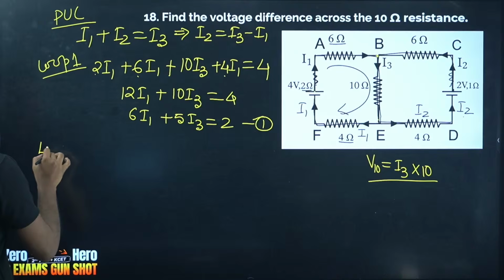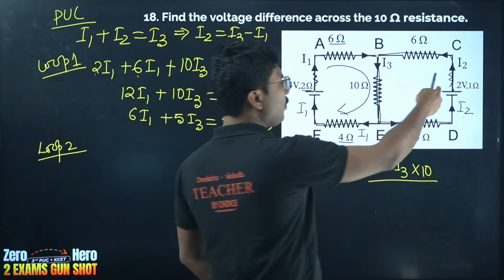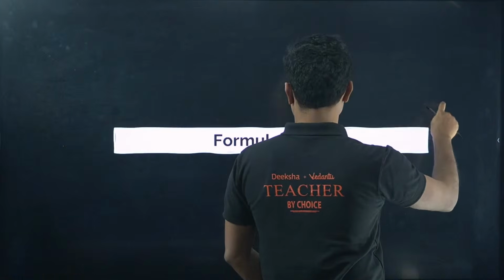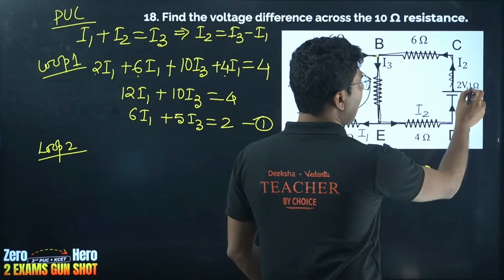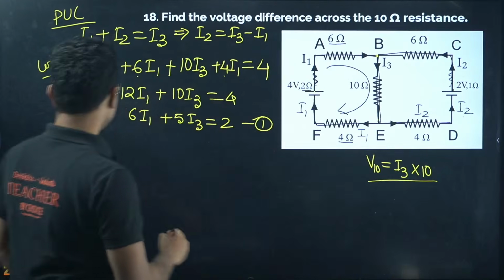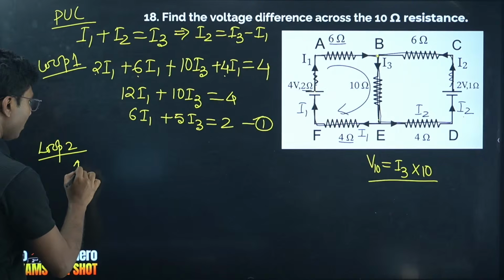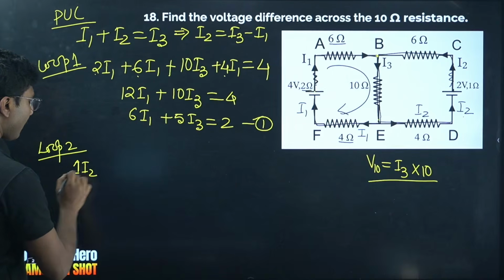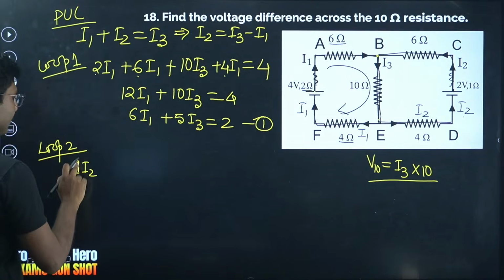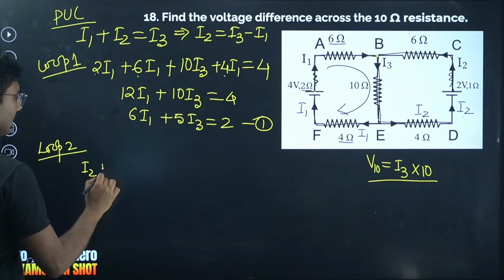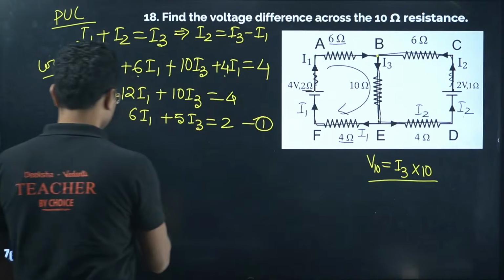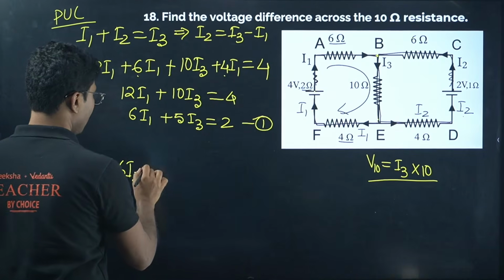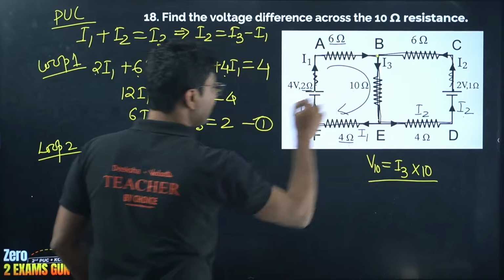Next we will apply the same thing in loop 2. Here we have 2 volt as source, with internal resistance 1 ohm. So we have 1 ohm into I2, which is obviously I2, plus 6 into I2, plus 10 into I3.